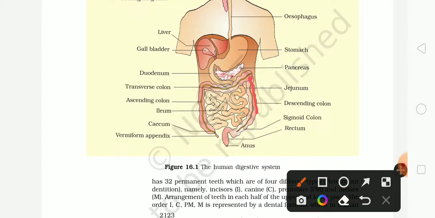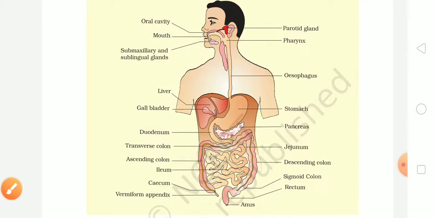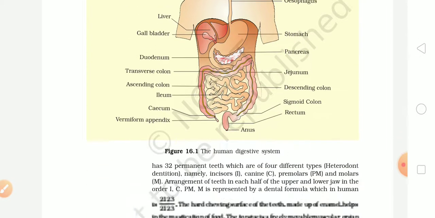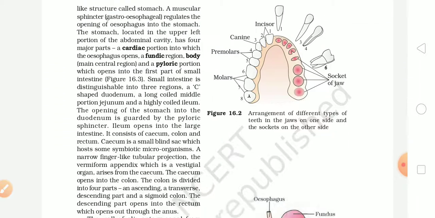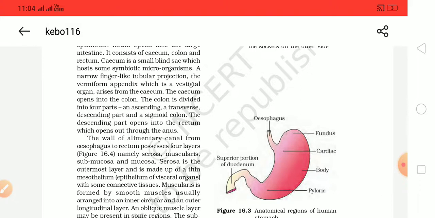Here you can see the descending colon, then the sigmoid colon. The descending colon opens into the rectum that opens out through the anus. So all the pictures are very important.